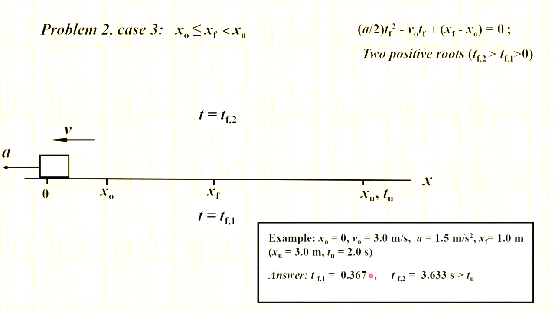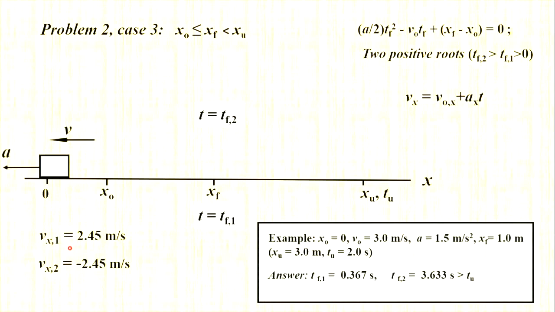We can also find the velocity of the object when it passes point xf. To do this, we can use the equation of kinematics, which we used previously, and plugging in the two times and the values of initial velocity and acceleration, we can get the following answers.